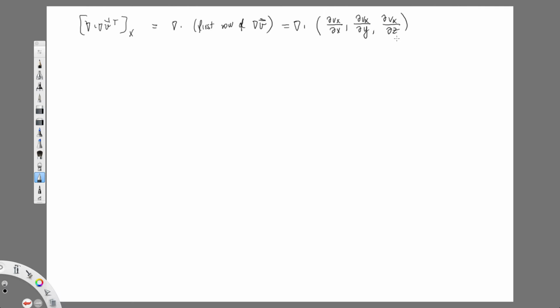So this is equal to partial x squared plus Vx partial y squared, plus Vx partial z squared. Everybody agrees with me?